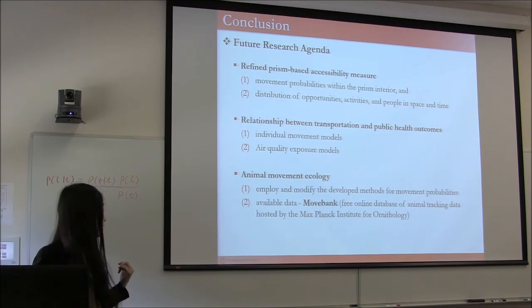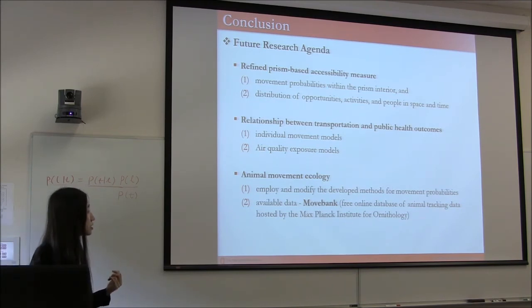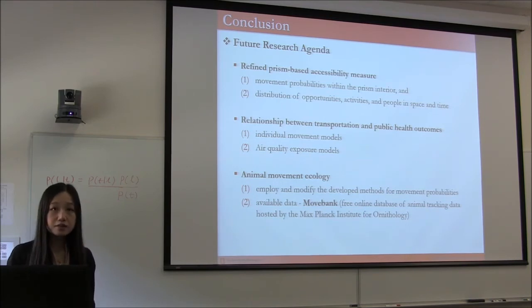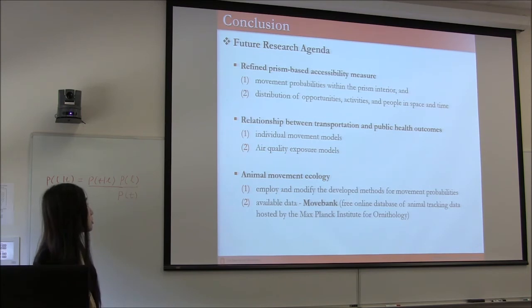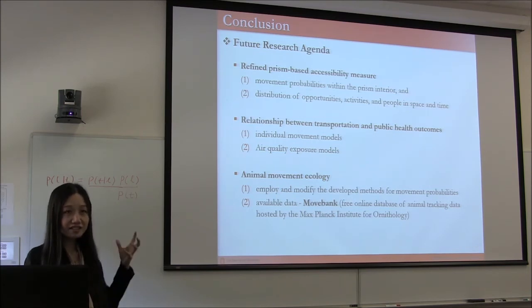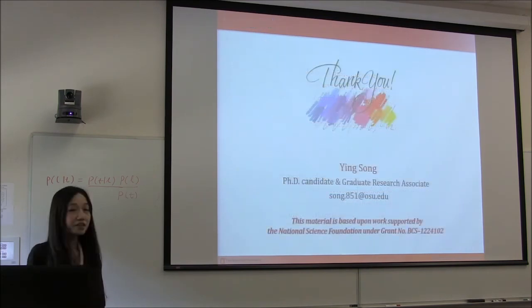The data for that is already available. It's called MoveBank, which is a free online database of animal tracking data. So these are the three current ideas for future research. Thank you very much.